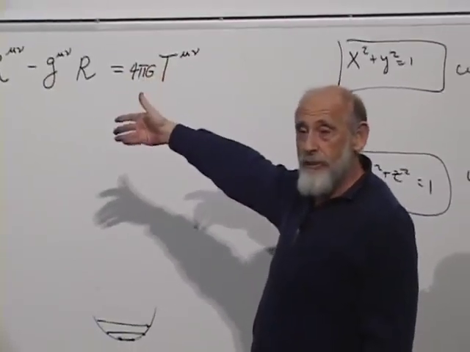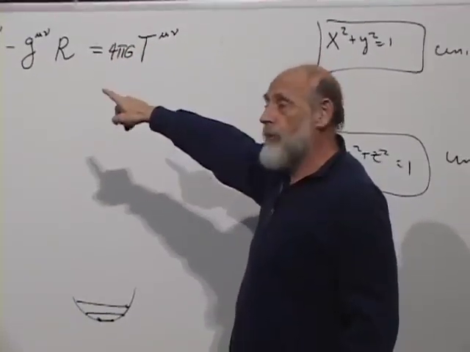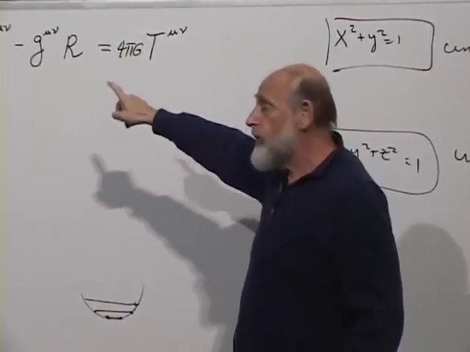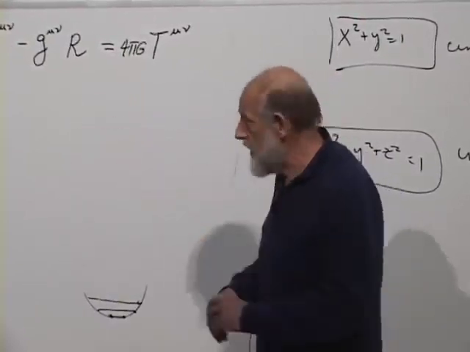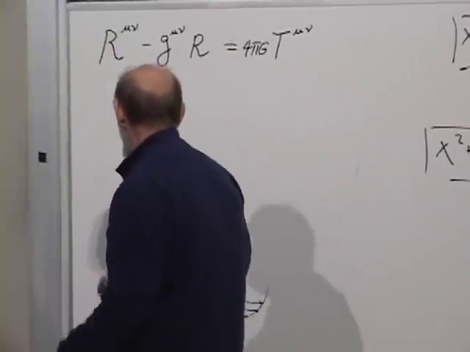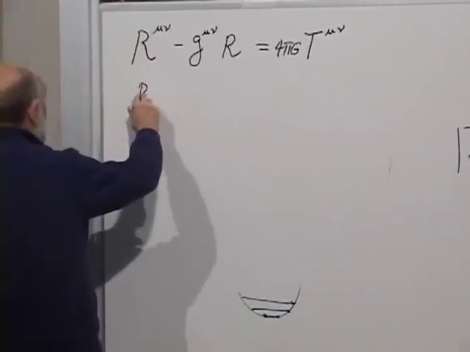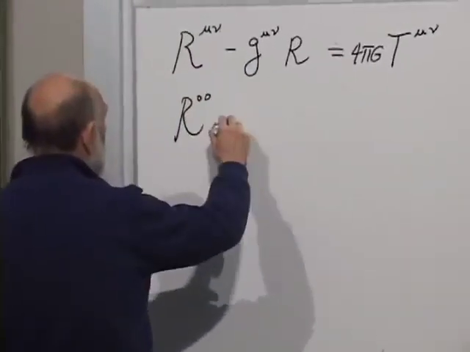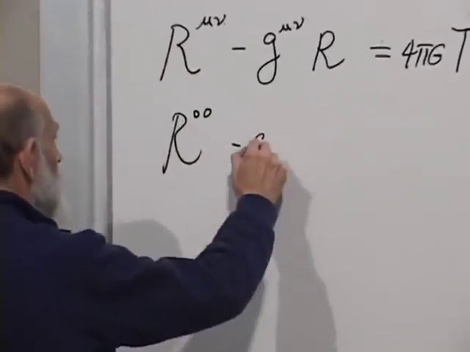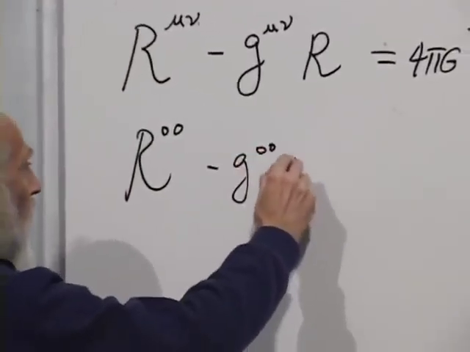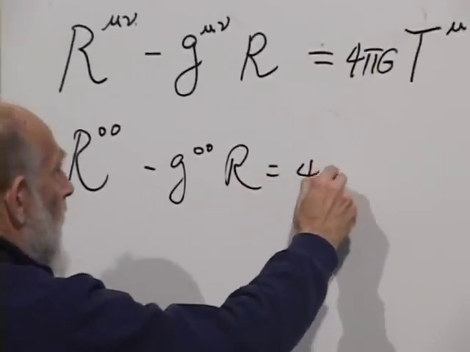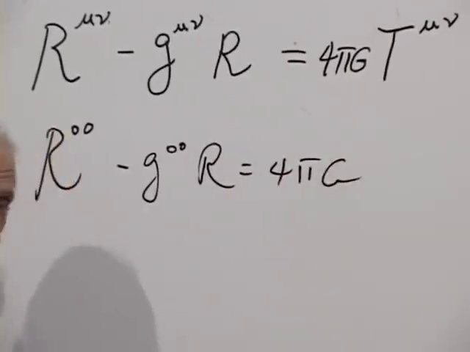What's the natural one to pick? The natural one to pick is the one with both mu and nu equal to time components. So you can write down that R00 minus G00 R is equal to 4 pi G times T00. And what's T00?